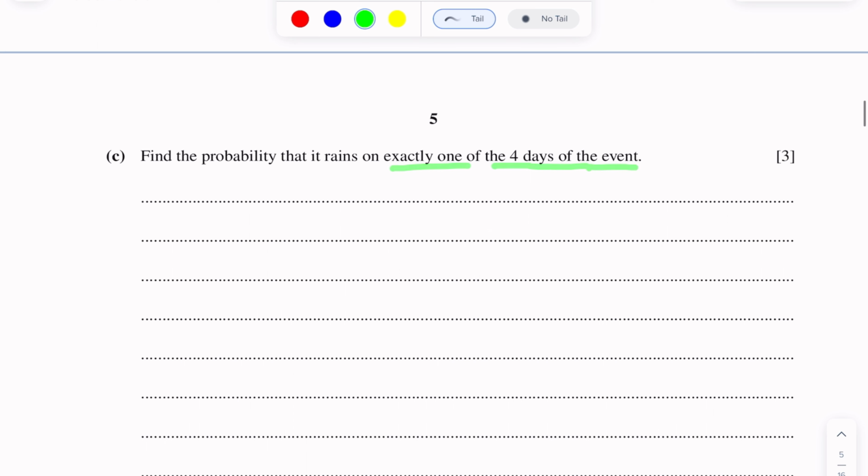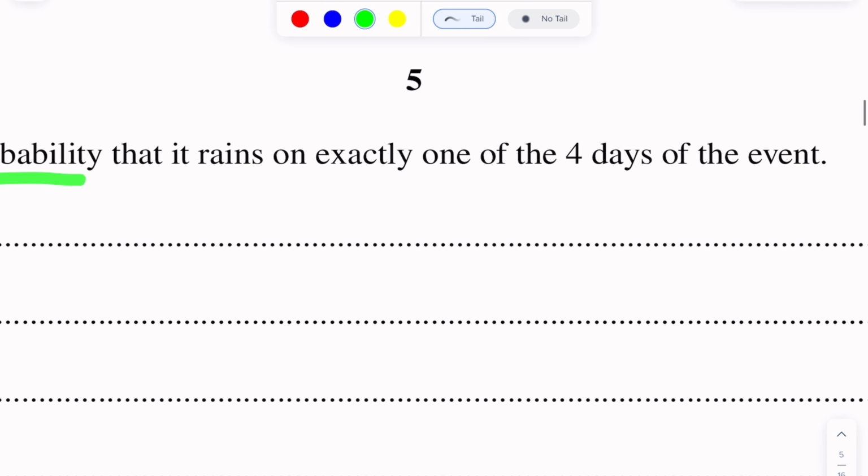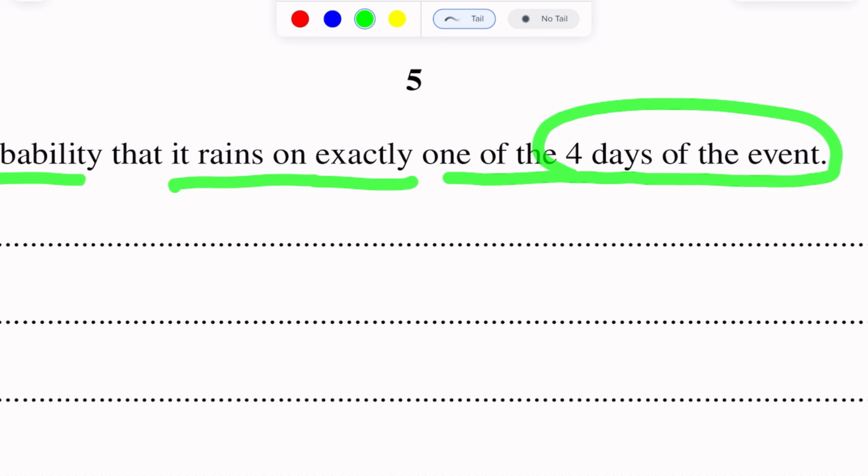So there are different options for this. In this part, we represent R for raining and D for not raining, I mean D for dry. R for raining, D for dry. Find the probability that it rains on exactly one of the 4 days of the event.